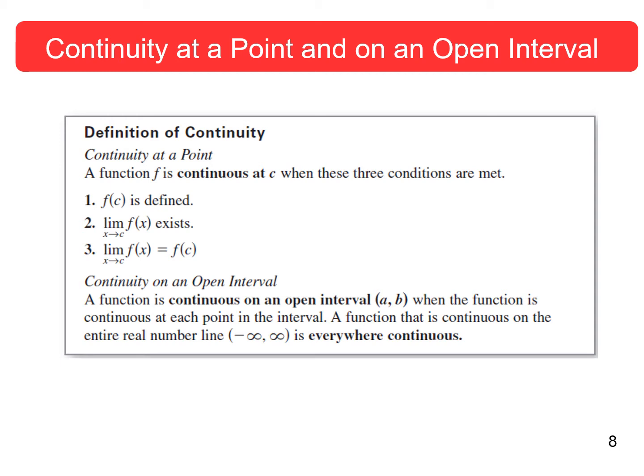A function is continuous on an open interval when the function is continuous at each point in the interval. Also, a function is continuous on the entire real number line, that is everywhere continuous, if it is continuous from negative infinity to positive infinity.